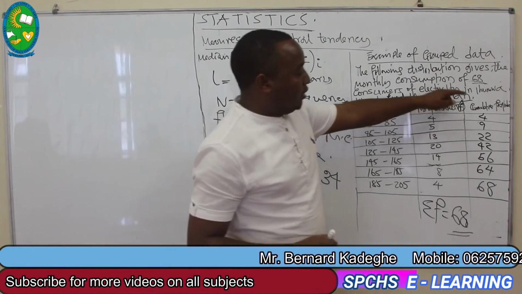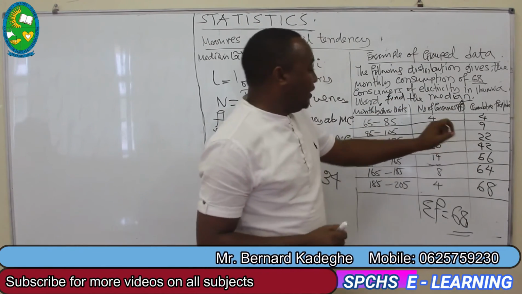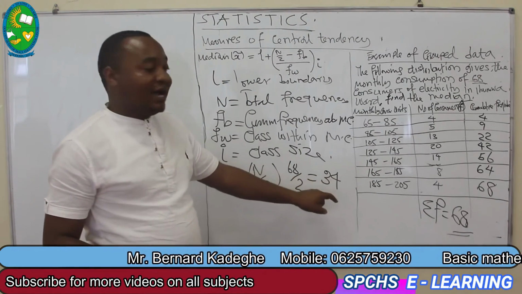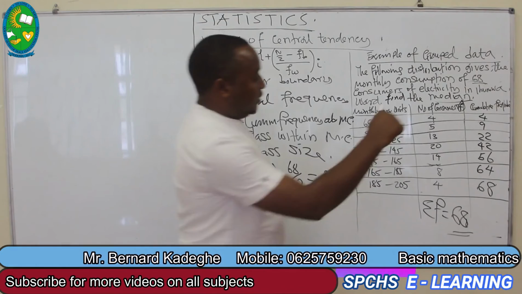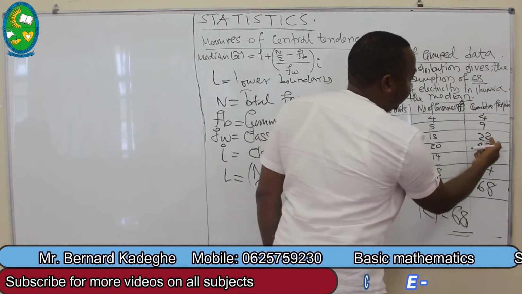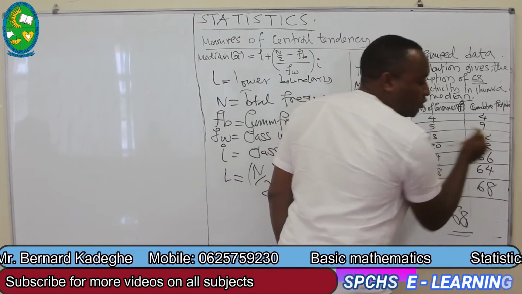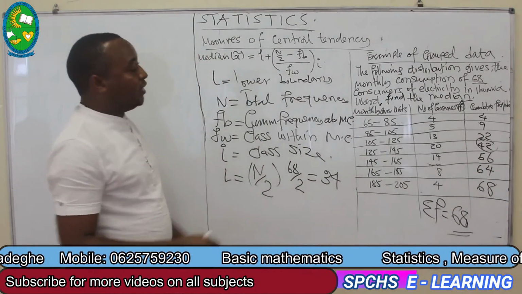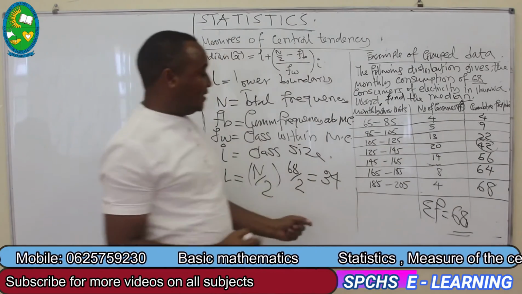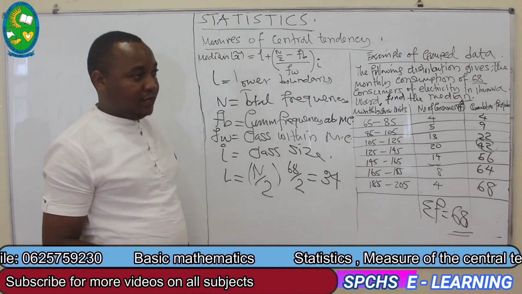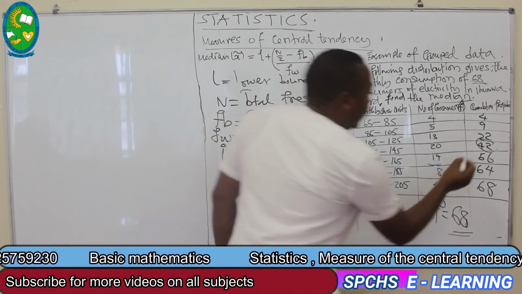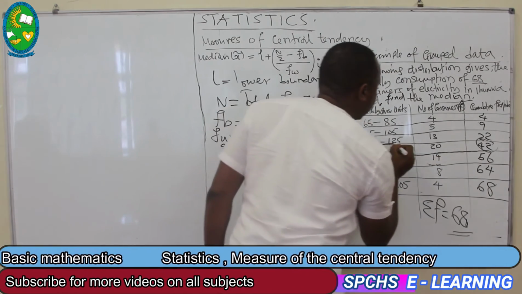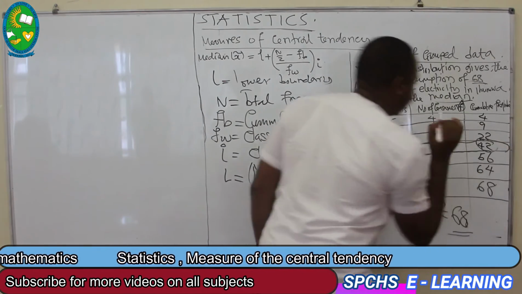When you look here, this is 22, but this is 42. So 42 includes 34. 42 is next to 34, right? So this becomes our median class.